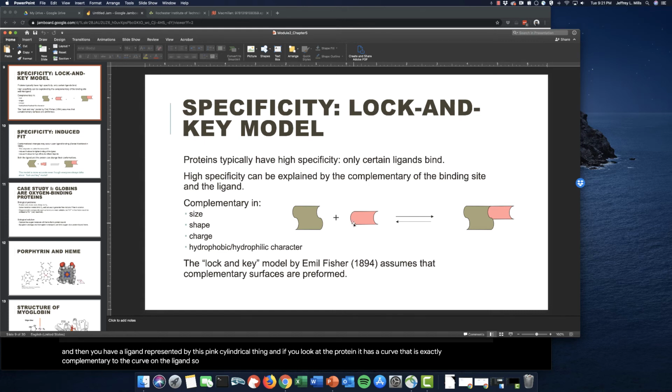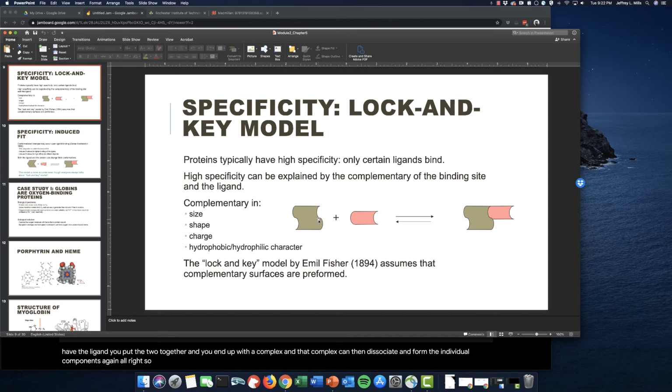So the lock and key mechanism says that the protein already has the exact structure, size, shape, charge, hydrophobic, hydrophilic interactions required to interact with a ligand. And this is an equilibrium interaction. You have the protein, you have the ligand, you put the two together and you end up with a complex, and that complex can then dissociate and form the individual components again.